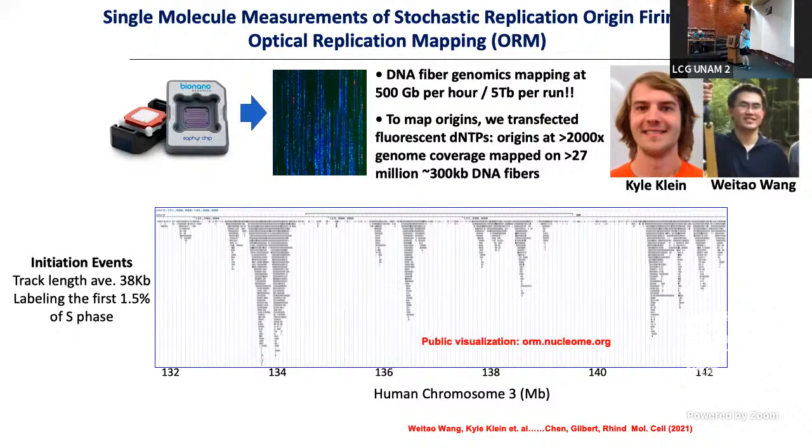The only way to prove a stochastic process is to have single events, single molecule events. So when BioNano came out with its platform for mapping long DNA molecules, which is basically done by taking restriction enzymes that are deficient in their ability to cut DNA, fusing them to enzymes that can then covalently link a fluorescent molecule to DNA.